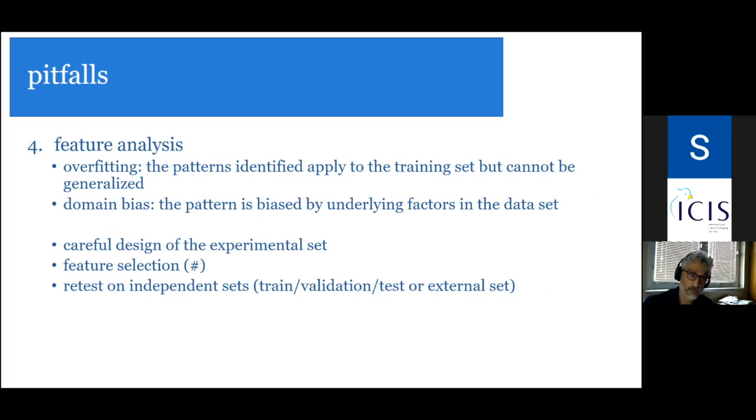And so we come to the other pitfalls coming from feature analysis. There are two main problems, the problem of overfitting and the problem of domain bias. Overfitting means that the patterns you identify in your series apply to your training set, but cannot be generalized, which means that they cannot be translated to another series obtained elsewhere in your country or elsewhere in the world.